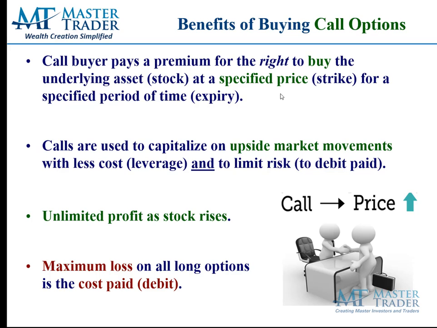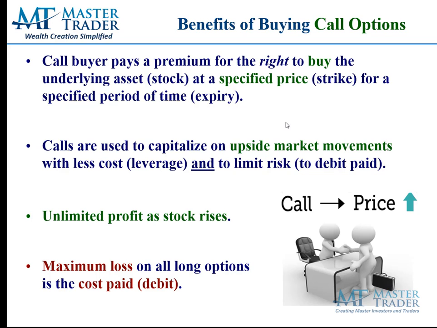Now, in everyday life, just think of this maybe as a house. Let's say you found a house that you want to tie up, so to speak, take off the market, and you enter into a call option with the home owner. Let's hypothetically say you strike a deal that says, I'll give you $5,000, Mr. Owner, if you sign a contract giving me the right, but not the obligation, to buy your home for $500,000 within the next 2 months.